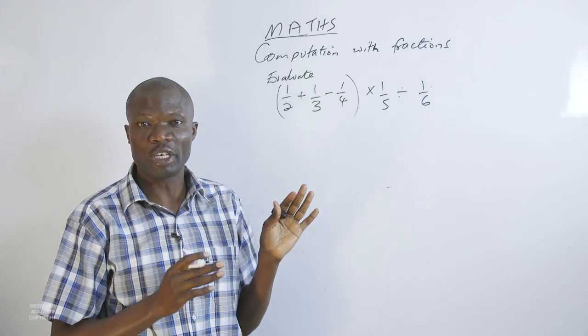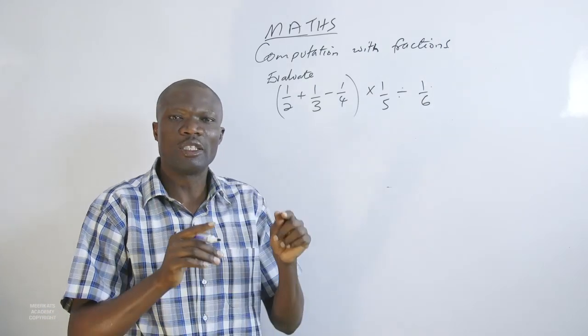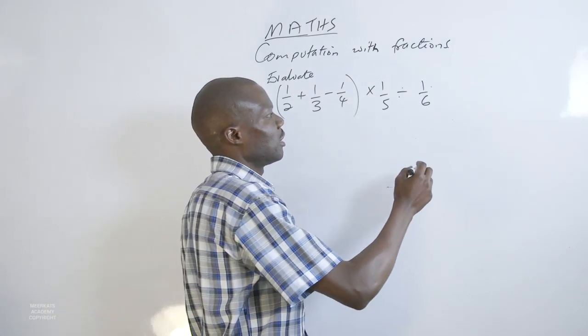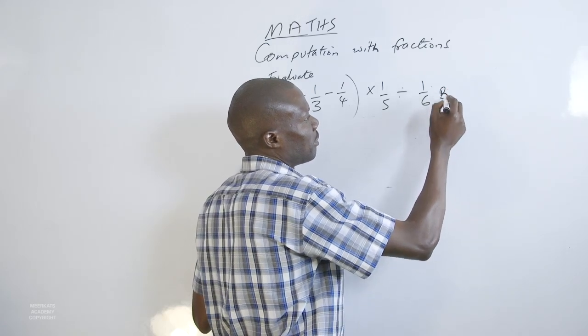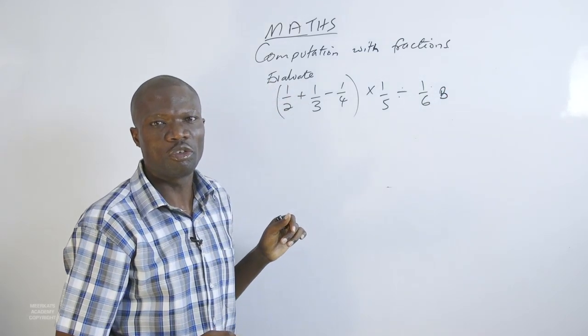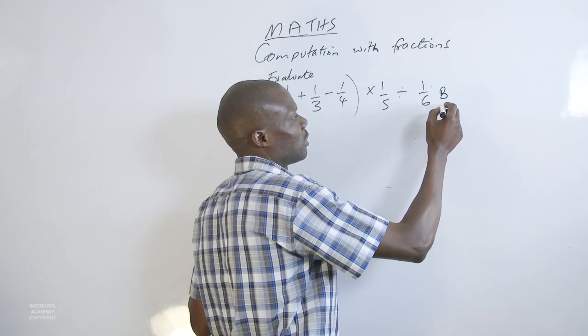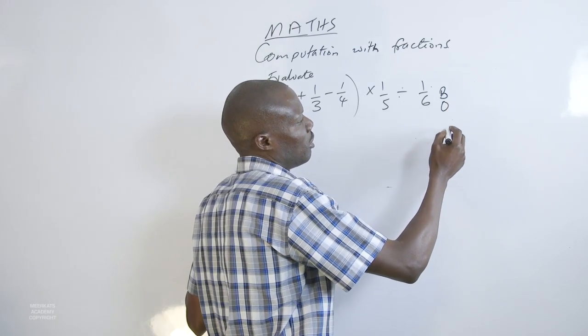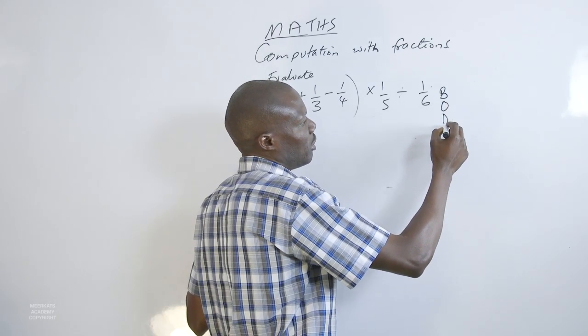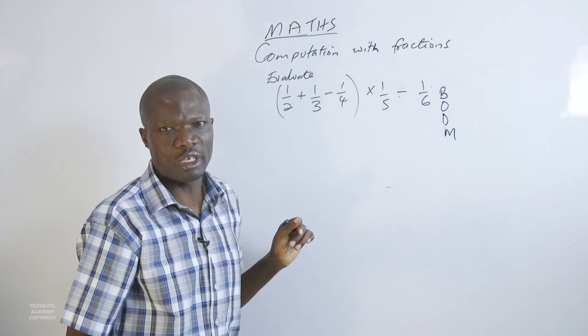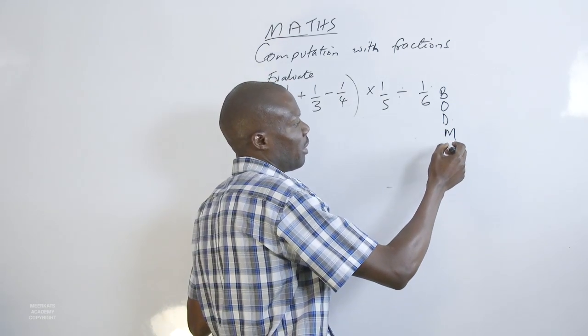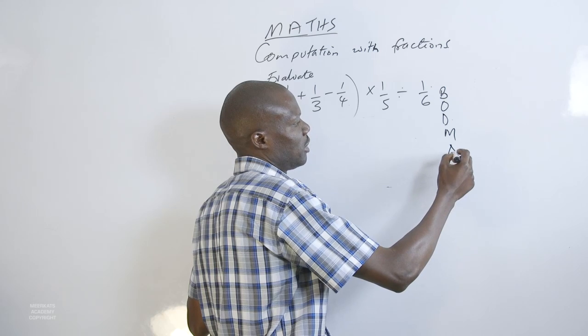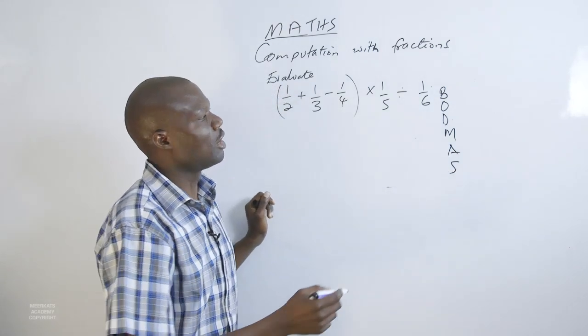The order of operation at this point is dealing with the bracket first, that is B for the bracket, order, division and multiplication, and then addition and subtraction.